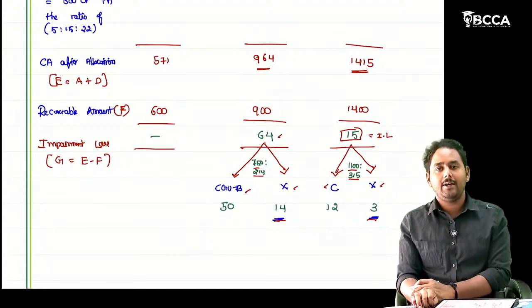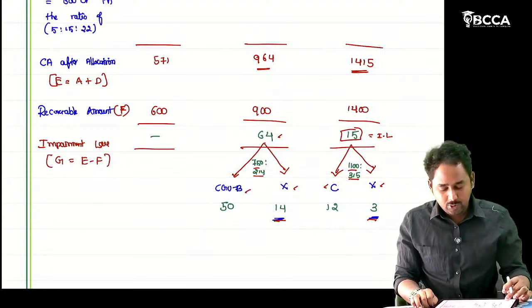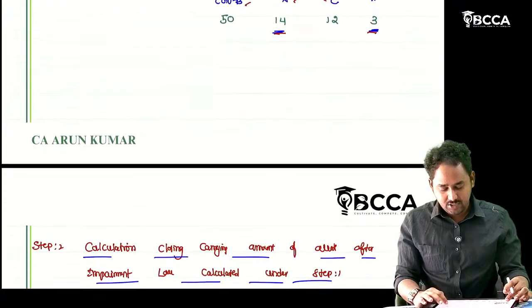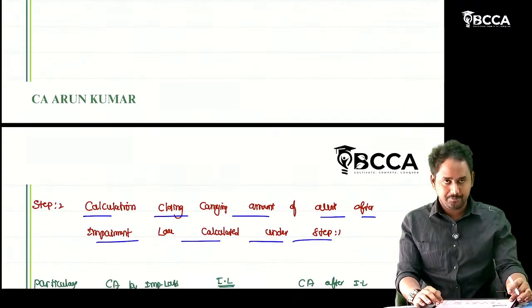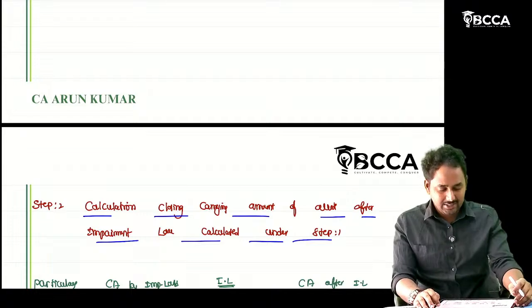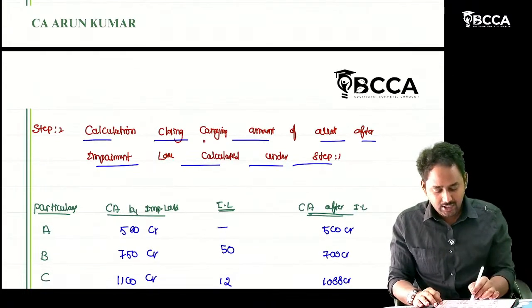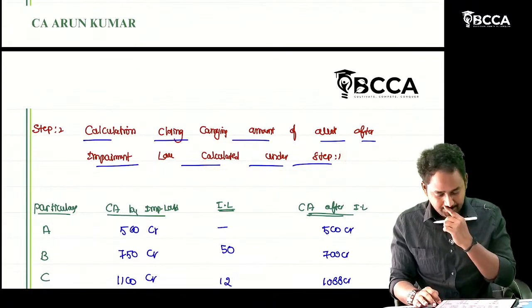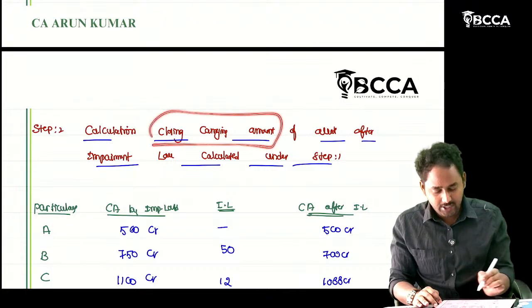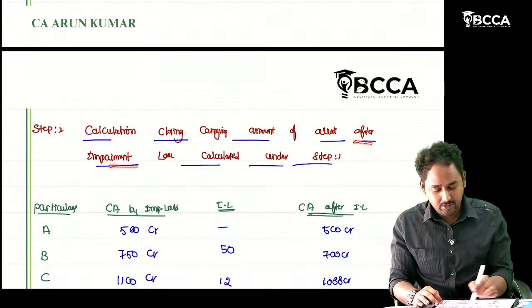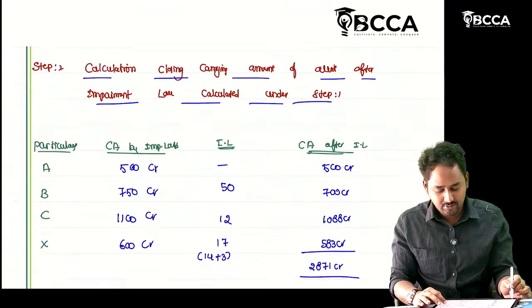Let's find out the carrying amounts of the CGUs as well as our corporate asset X after the impairment loss calculated under step 1. So calculation of closing carrying amount after impairment loss calculated under step 1.